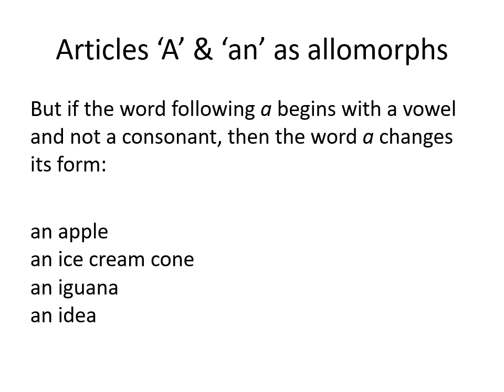But if the word following a begins with a vowel and not a consonant, then the word changes its form, like an apple, an ice cream cone, an iguana, an idea, an eye, etc. Although this is used for one, because it starts with vowel sounds, not consonant sounds: apple, ice cream, eye.